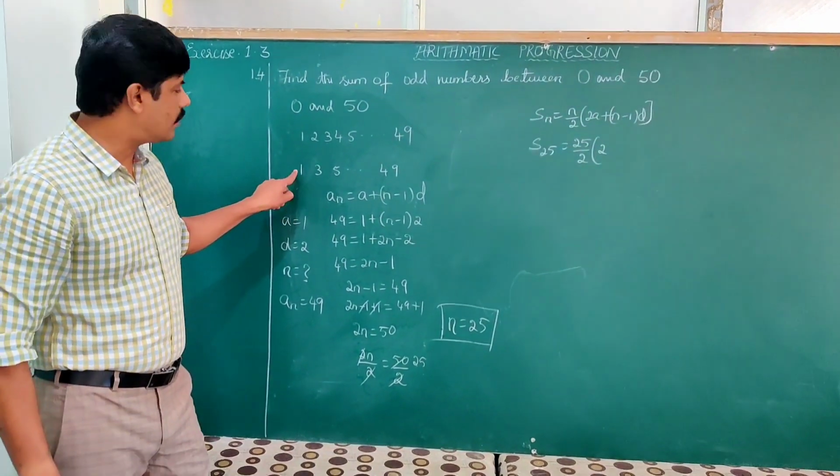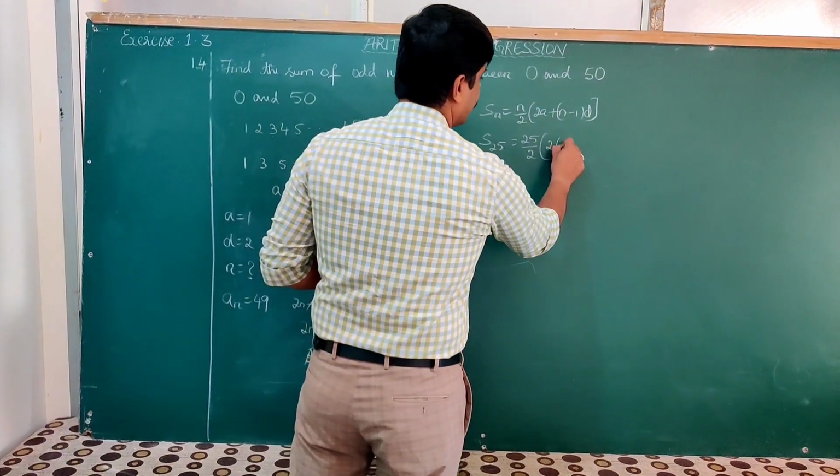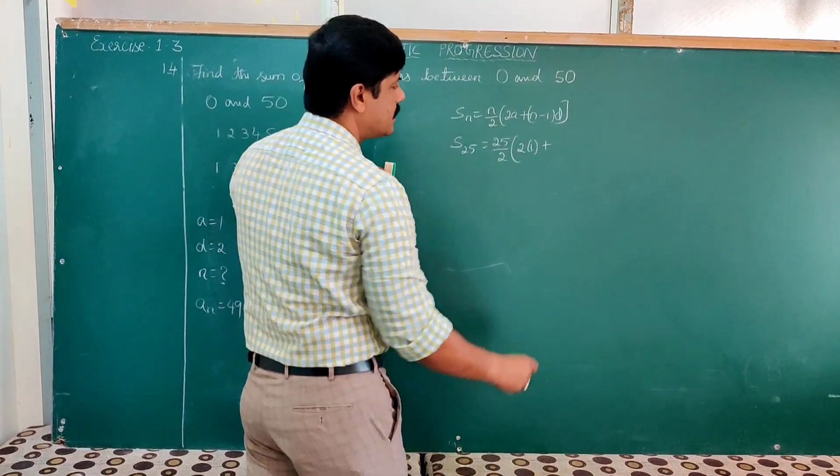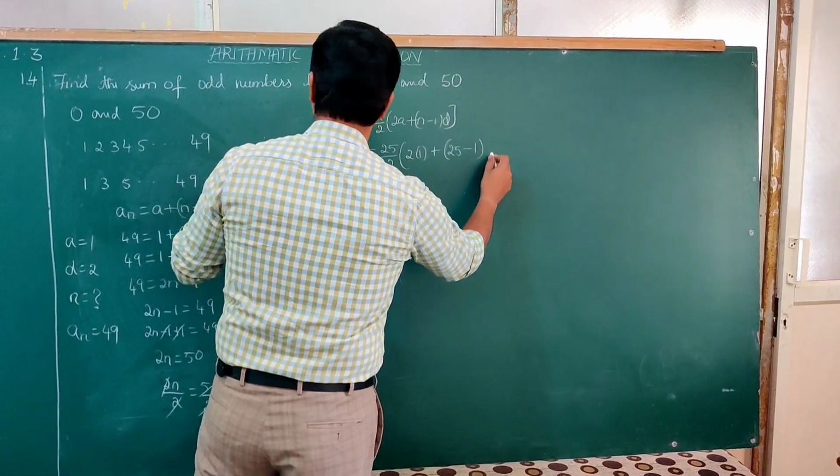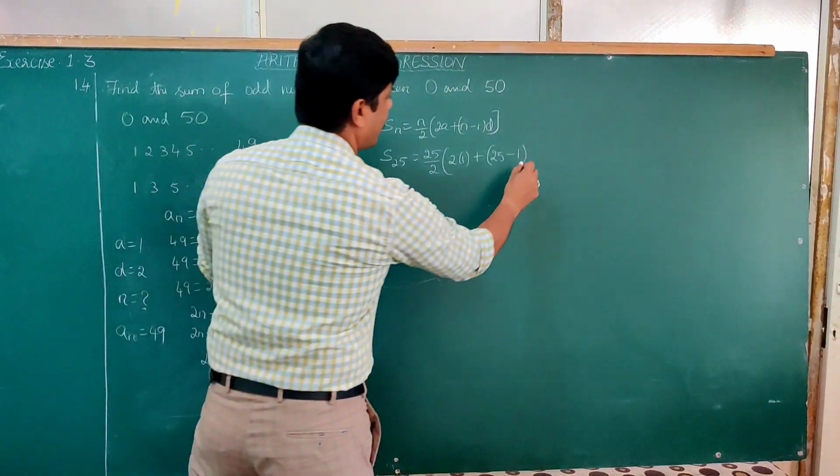The first odd number is 1. n is 25 minus 1 into d, which is 2.